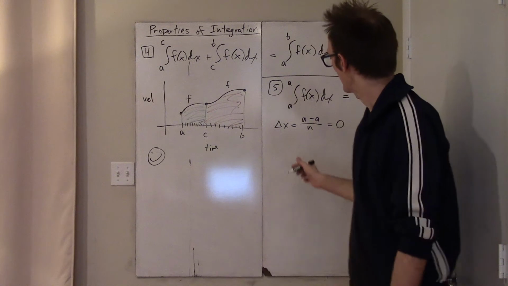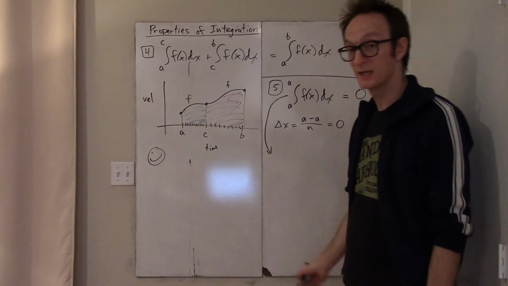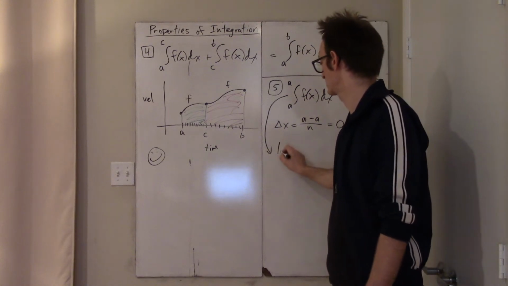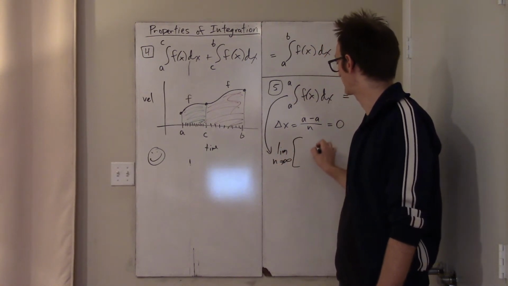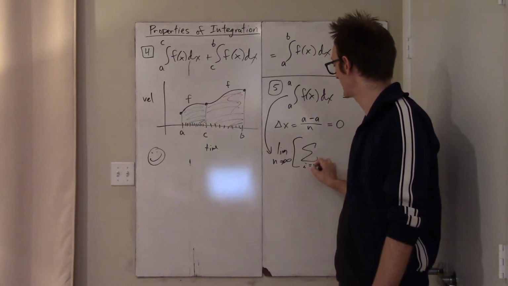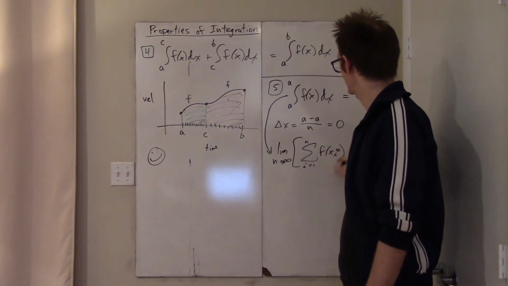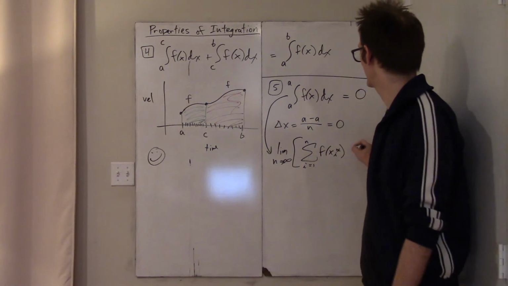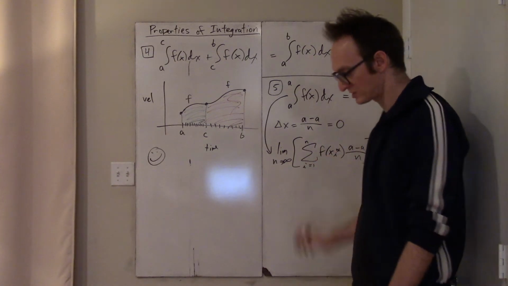And so in this case, my delta x is 0. If I were to interpret this literally, using the definition, which should work, then this would be the limit as n approaches infinity of the Riemann sum, the sum from i equals 1 to n of f of x sub i star, times, but now you just have a minus a over n, and that's just 0.